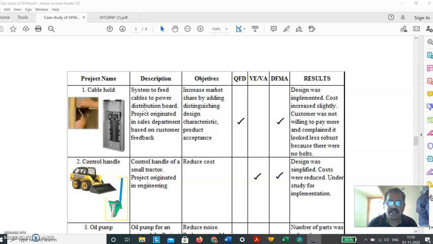After the QFD and the DFMA were carried out, the cost increased slightly, but the customer was not willing to pay more and looked at it as less robust because there were no bolts, etc. Whether the bolts should be there or not is to be further analyzed.